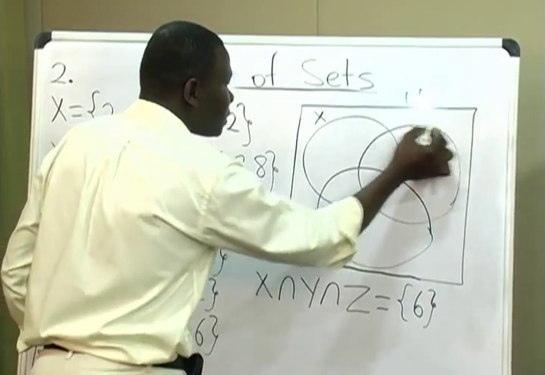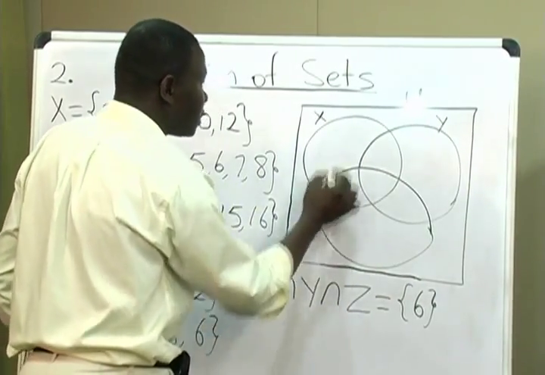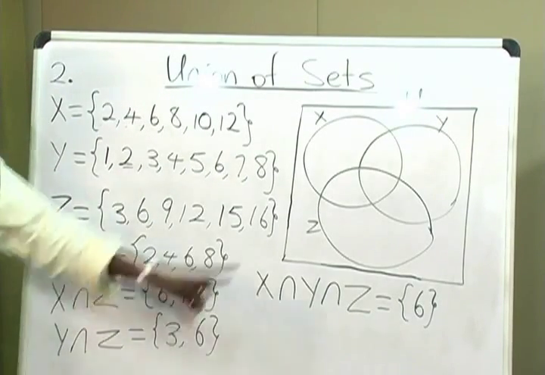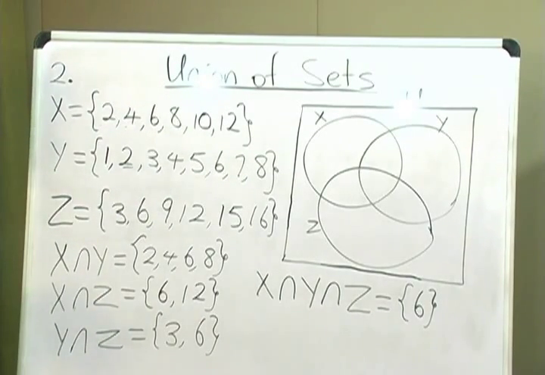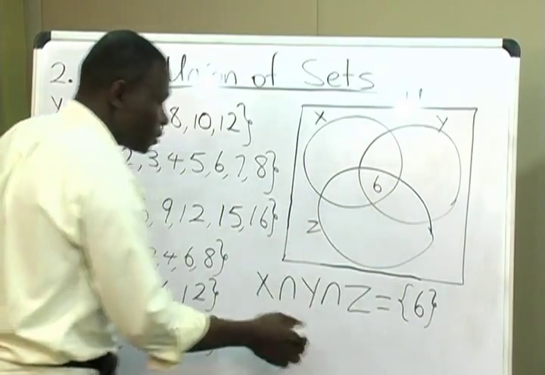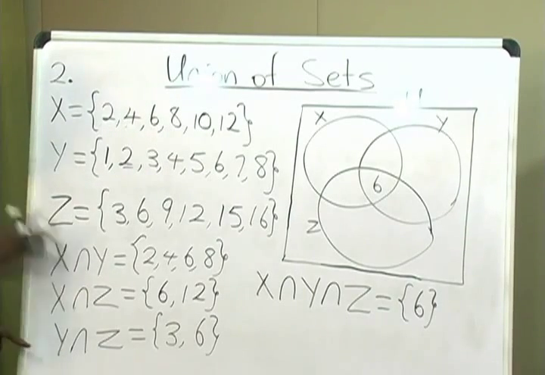So if this is X, this is Y, and this is Z, in our universal set, we start by labeling what is in the middle of all of them. What can be found here? So we label 6. Now let us go up in reverse. Then we go to Y intersect Z.